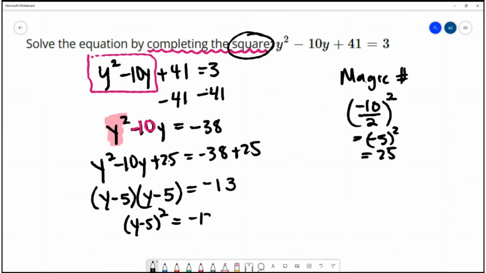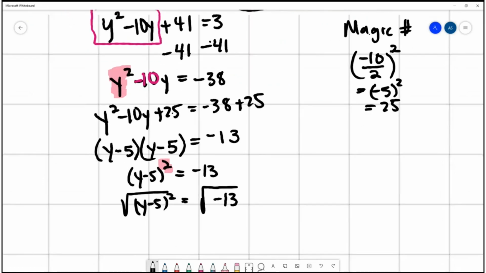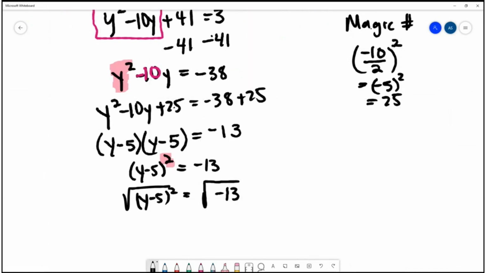And now that I've created that square, I can use the method of canceling it out with a square root. I'll square root the left. To stay balanced, I square root on the right as well. The square root and the square cancel each other out. I'm going to gain a plus or minus symbol on the other side.